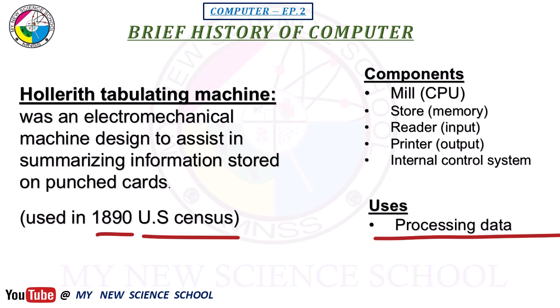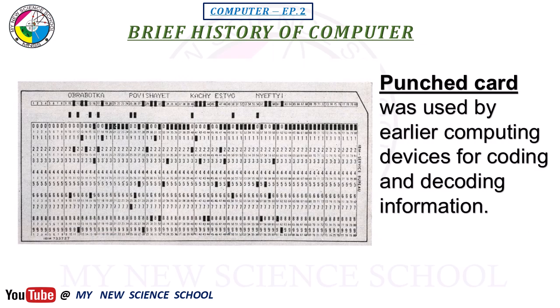This machine also used punch cards. What is a punch card? This is a punch card. A punch card was used by earlier computing devices for coding and encoding information. A punch card was very thick paper or something similar. Information or codes were written on the paper by punching through the paper at a specific place.